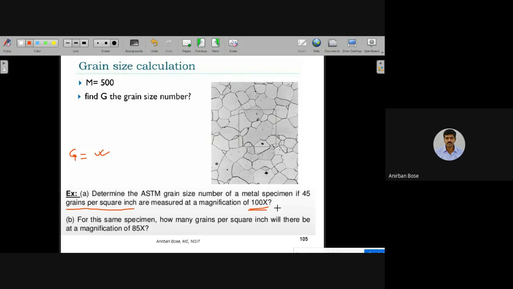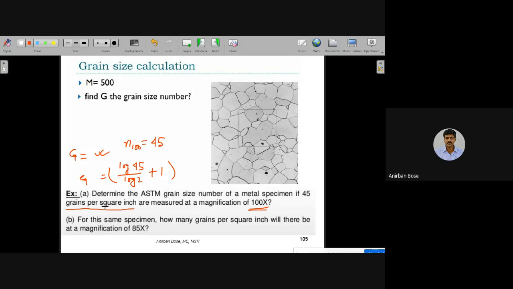Since it is measured at magnification of 100, the problem is very simple. You have been provided the value of N100, which is 45. So you can easily find G, because G will be log of 45 divided by log of 2, plus 1.